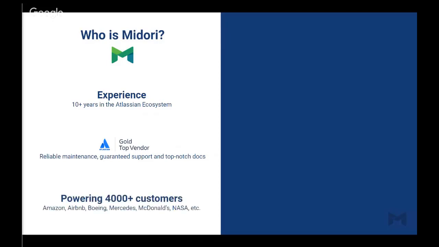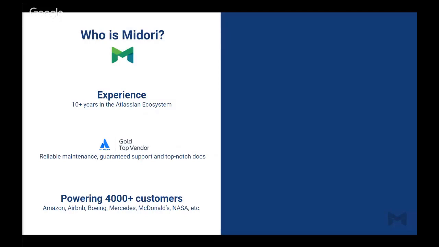We have a gold top vendor status, which means that we are verified against Atlassian's high standards of software and support quality. It also means that our apps are always compatible with the latest Jira, Confluence, or Bitbucket versions. Among our customers, we count many worldwide recognized brands and industry-leading companies, as well as some of the hottest startups.